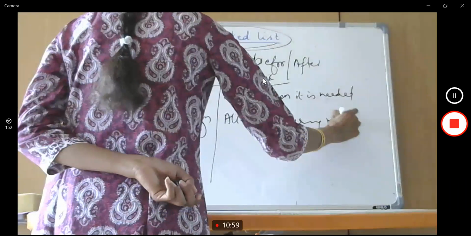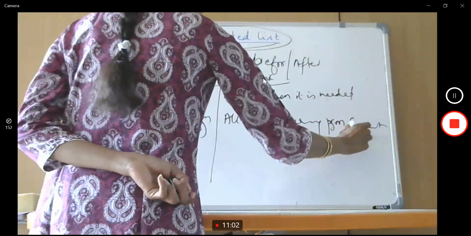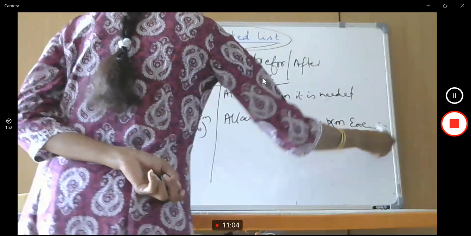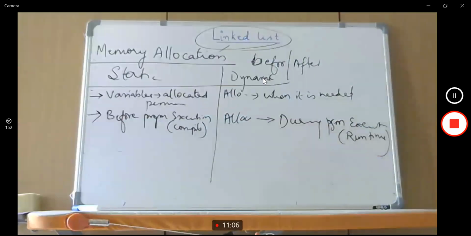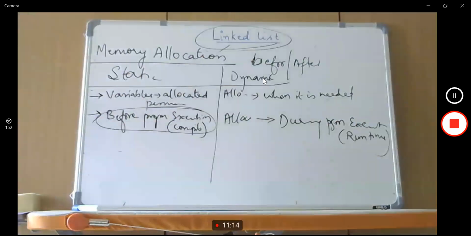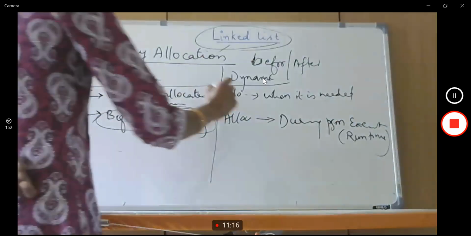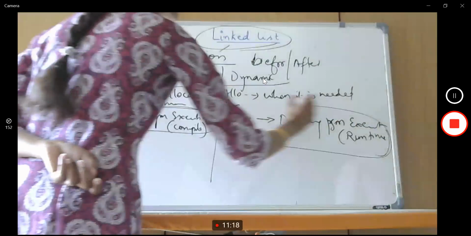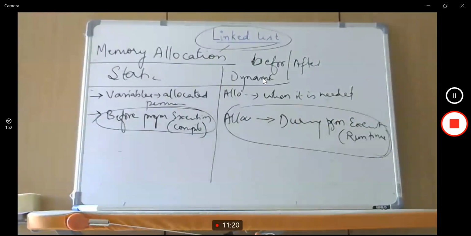When I say during the program execution, it is done at runtime. In case of static memory allocation, the memory is allocated before the execution of the program, or it is done at the compile time. In dynamic memory allocation, it is done during the program execution. That means it is done during the runtime.